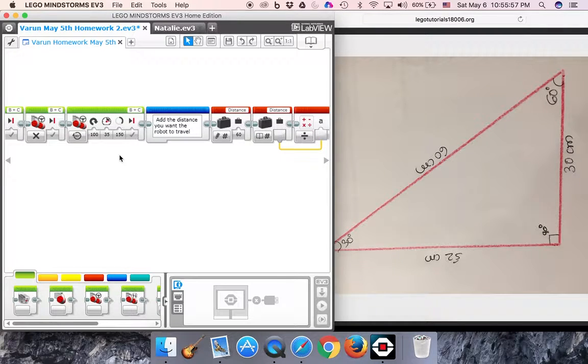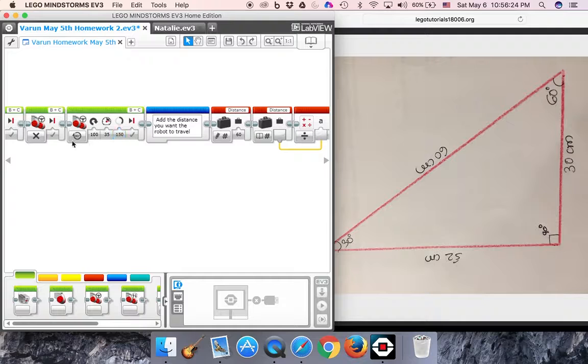So again, we need to use the gyro. Here is the triangle. Your robot is moving here, and you want to create an outer angle of 150 that will give you an inner angle of 30 here. So the way you do it is, again, you have to use the gyro. And how do we do that?